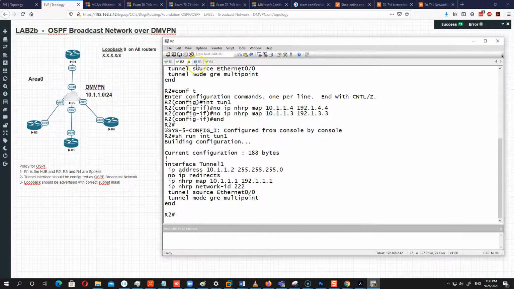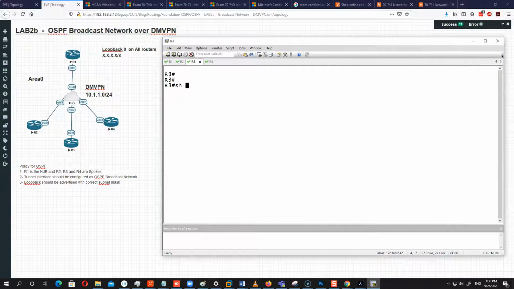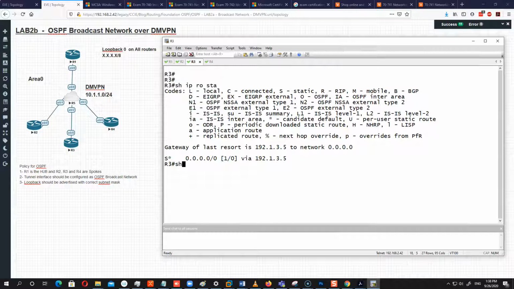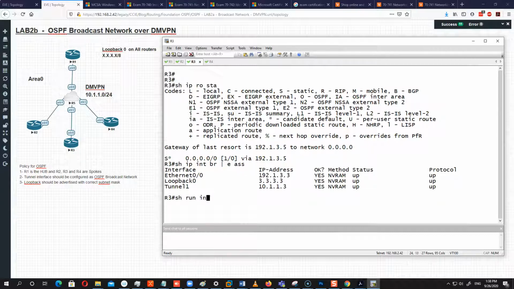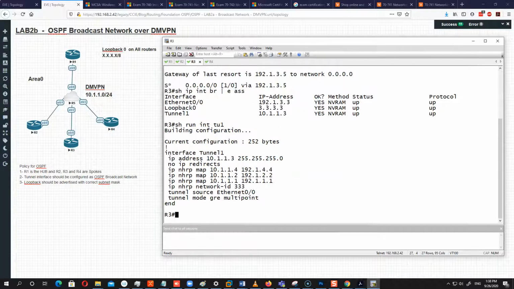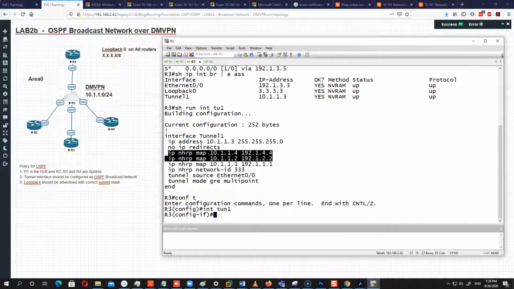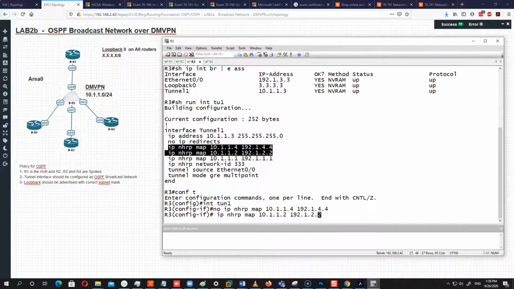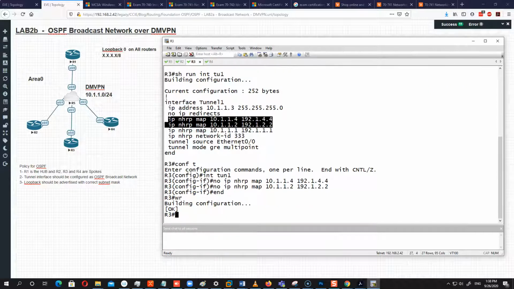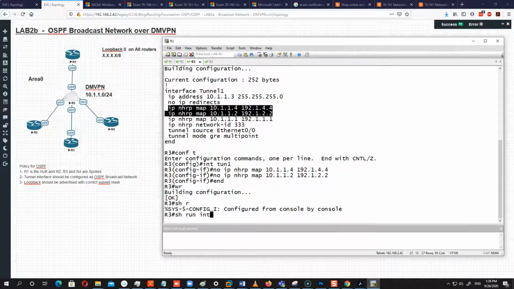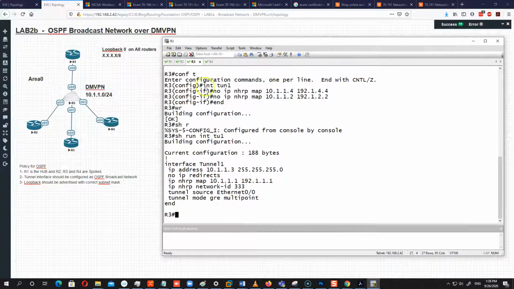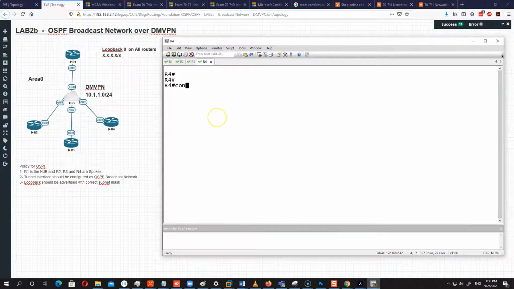Now if I go to router 3, do the same: show IP route static, we have one default route, then show IP interface brief, exclude assign, we have the same tunnel. If I look into the tunnel, we have these two, so I need to remove them here as well. Let's remove these two, so that we will have only one entry, which is towards the hub, router 1.